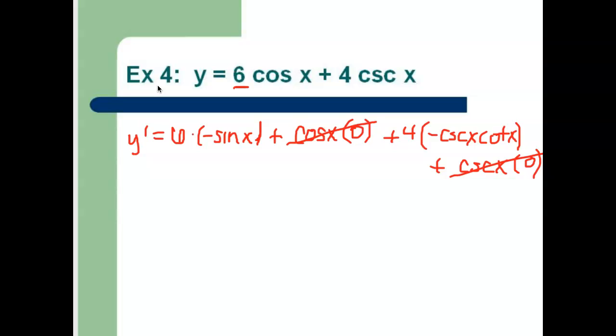If you did the product rule, you will see not a big deal. It zeroes out. So we get negative 6 sine x minus 4 cosecant cotangent. Make sure you put your x after the cosecant and after the cotangent.